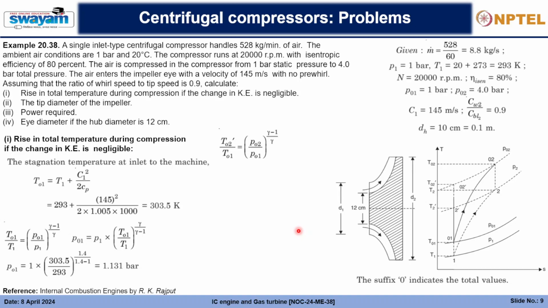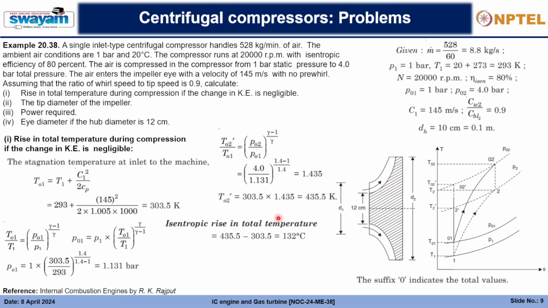Then we calculate T02 divided by T01. If the process would have been isentropic, then for that we take the isentropic process and calculate the temperature. If we plug in the values, we will get T02 dash would be 435.5 Kelvin. We have an isentropic efficiency of 80%.